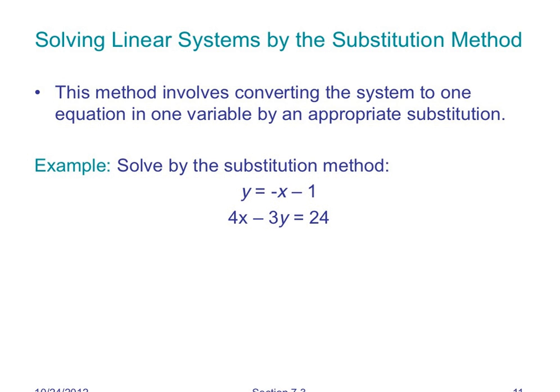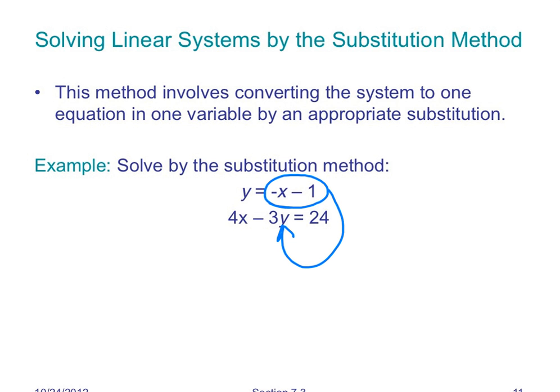What that's saying is that those two things are the same. They're equal to each other. Since they're equal to each other, one can replace the other. What that means is I can take the -x minus 1 and replace my y value wherever I see it. So that's what it means by solving by substitution.